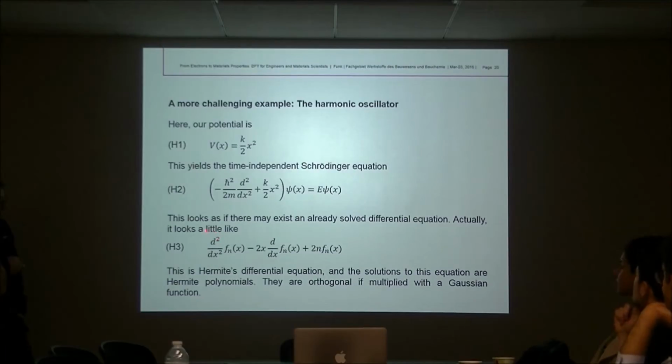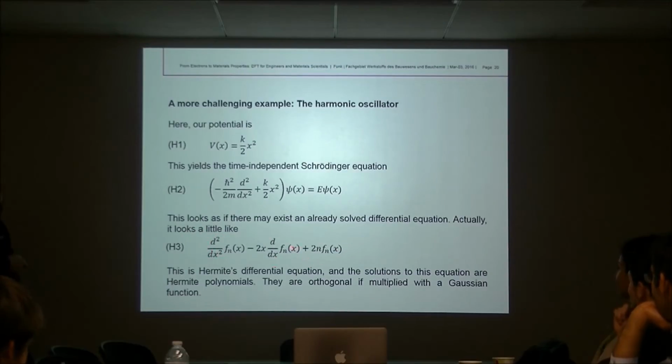The good thing is, things like this have been solved 100 years ago, or 200. Mostly by some French mathematicians who hadn't anything better to do. So, this looks somehow similar, doesn't it?